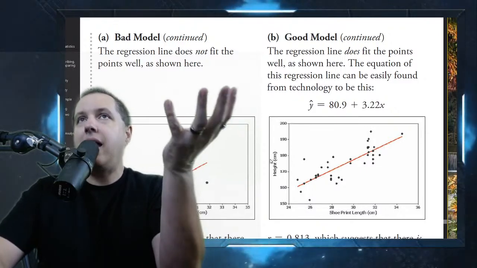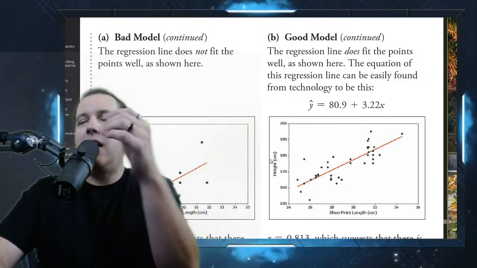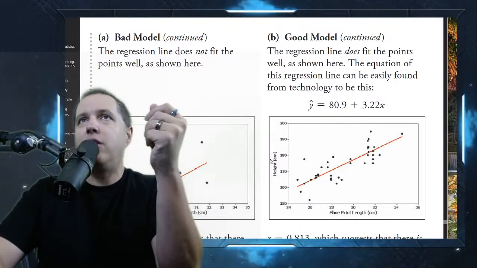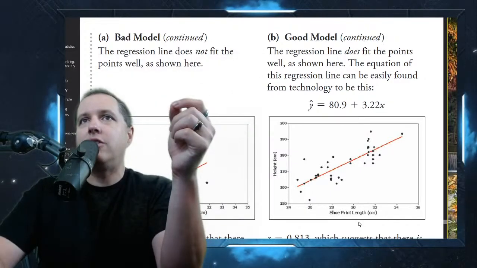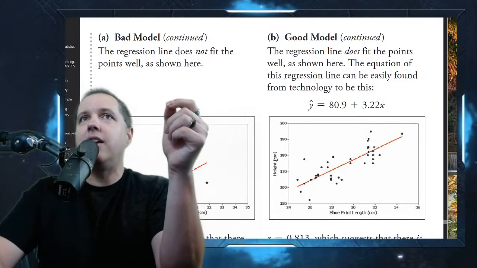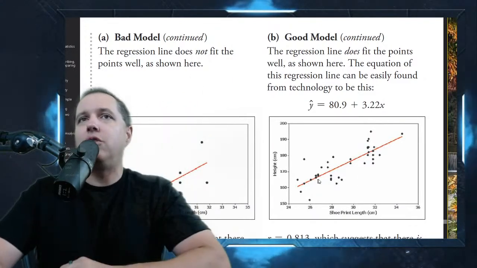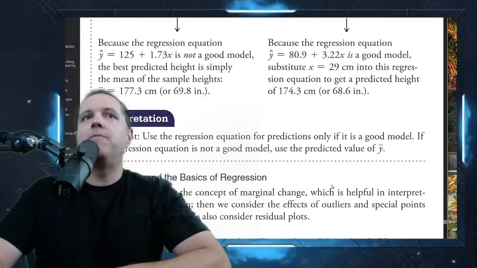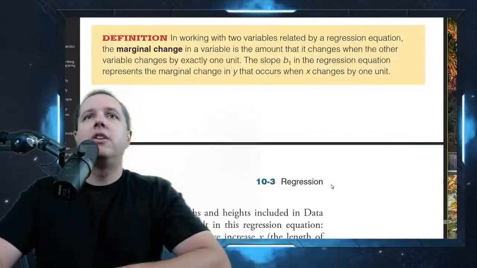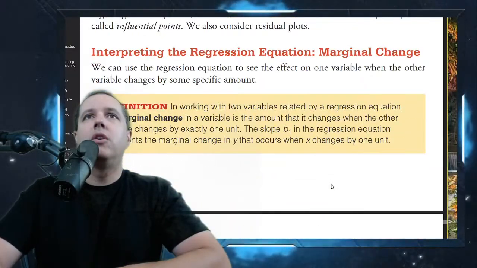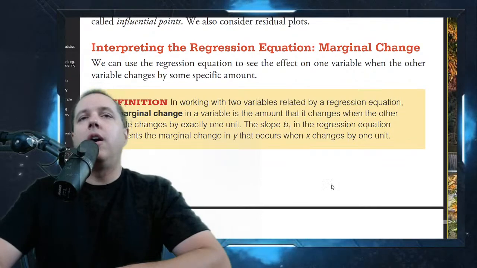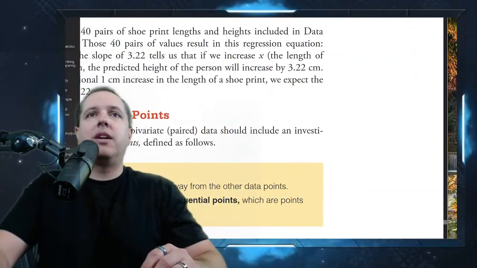Oh, we expect that as you go up a shoe size, we expect you to be about 3.22 centimeters taller. Or as you go up a centimeter in shoe size, we expect you to be 3.22 inches taller. That's how we expect that to work out.